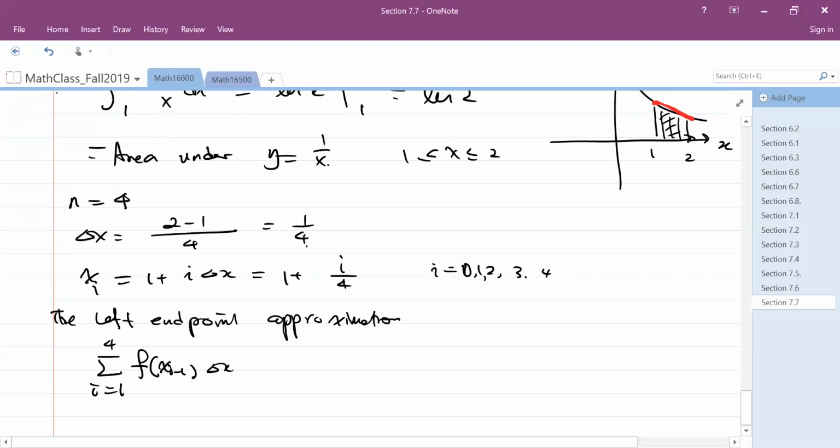Now, if you write down the details, f is just 1 over x.